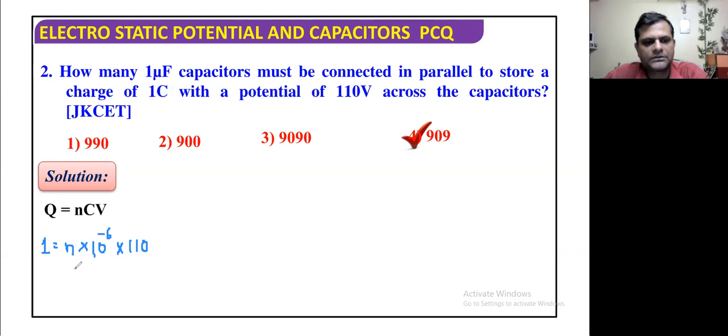So if you just calculate n, then this 110 is to be put in the denominator, and this 10⁶ will be there in the numerator in this side. So it will become 10⁶ upon 110 here. That will be the value of n here.